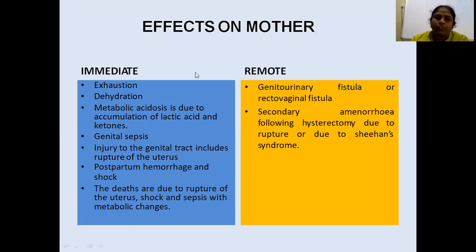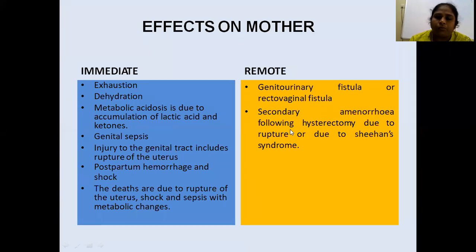Genitourinary fistula means the patient will complain of passage of urine through the vagina. An abnormal communication is formed between the genital tract and the urinary tract because of the bladder injury. Then secondary amenorrhea.